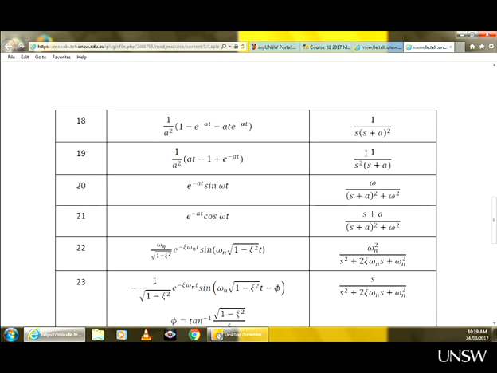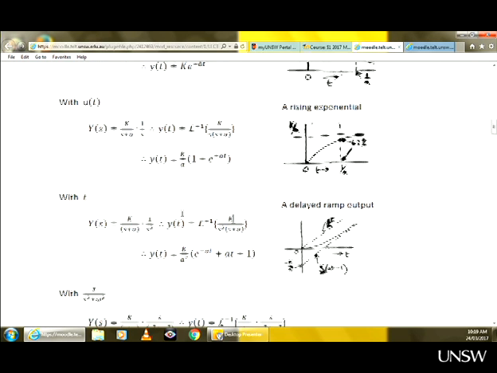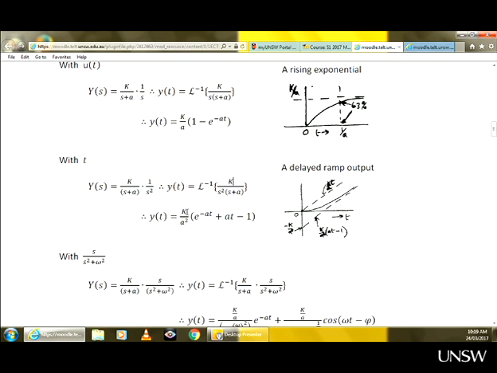Here's our case, 19. 1 over s squared s plus a. Again, k is missing in the numerator. This is the time domain. So y of t equals k over a squared into e to the minus at, exponential part, plus another ramp function, at minus 1, a constant.